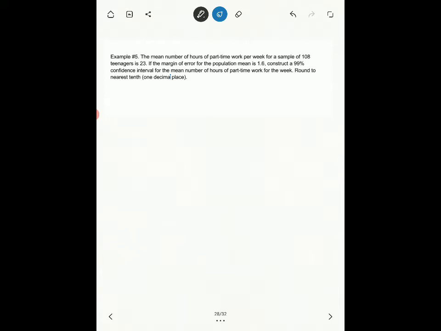So for this one, they've already given us that margin of error. So we have our X bar that they've given us, which is the 23. So the formula for this one is just X bar minus E is less than the mu is less than X bar plus E, because they've already given us the E. And our E here is 1.6. So this is a simpler problem where we just need to subtract and add.